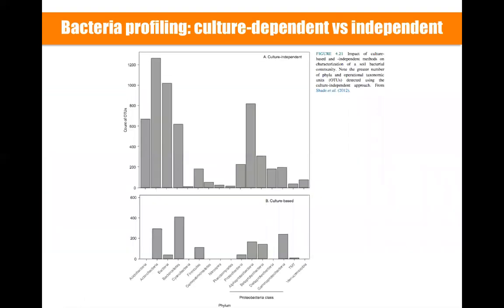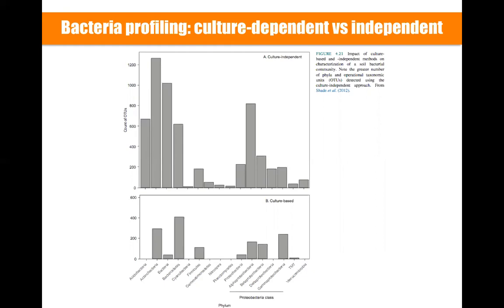Okay, so bacterial profiling. Nowadays we can actually know the total number of bacteria in soil. Previously, as we know, not all bacteria are culturable. Not all bacteria can be cultured in the lab because of the complexity of the nutrients needed.